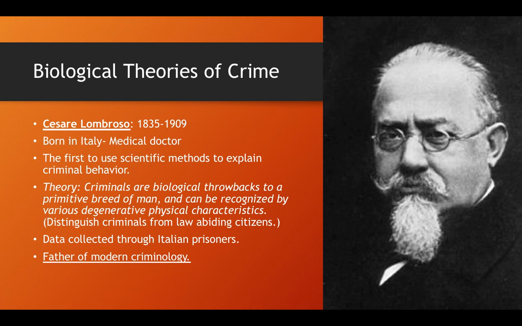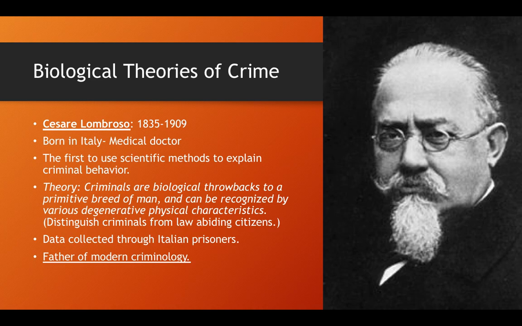Lombroso relied on Darwin's theory of evolution to argue that criminals were biological throwbacks to an earlier evolutionary age, and people more primitive and less highly evolved than their non-criminal counterparts. He was a medical doctor, and he did research, and he published his findings in a book in 1876. And in that book, Lombroso argued that various physical characteristics were linked to crime.